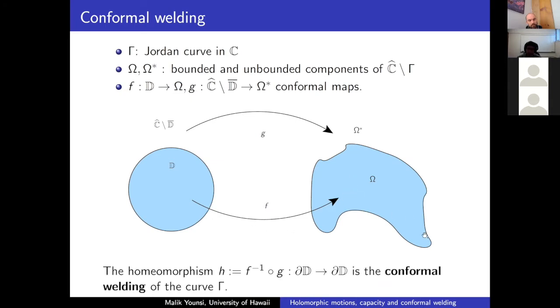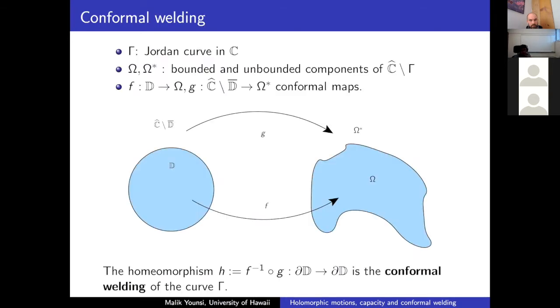This gives you a homeomorphism from the unit circle onto itself, and this is what we call the conformal welding of the curve gamma. Conformal welding is not unique in general because there are some normalizations that you can do for F and G, but I'm still going to denote this by the conformal welding, up to some normalization if you want. Okay, so that's the notion of conformal welding.